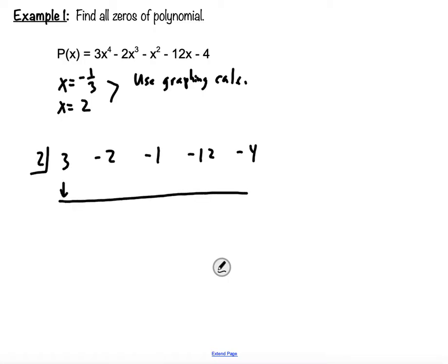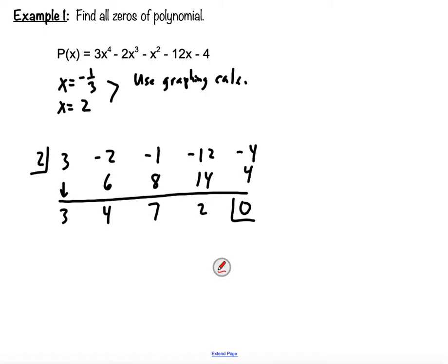I'm going to bring down my first number, which is a 3, multiply by what's in the box, add, and we get 4, multiply by what's in the box, add, and we get 7, multiply by what's in the box, add, we get 2, multiply by what's in the box, add, we get 0.